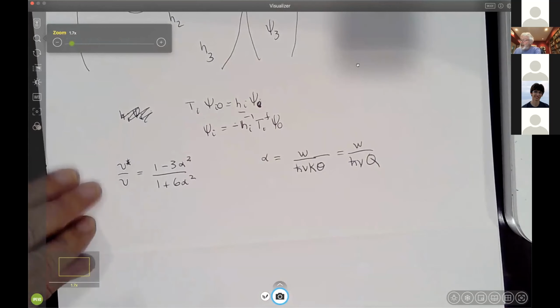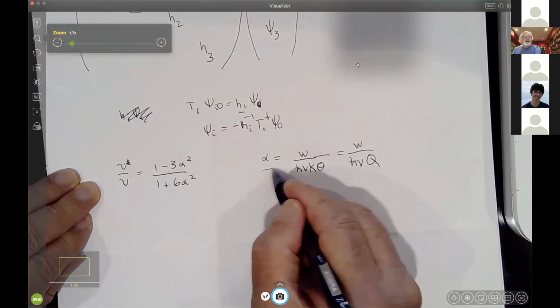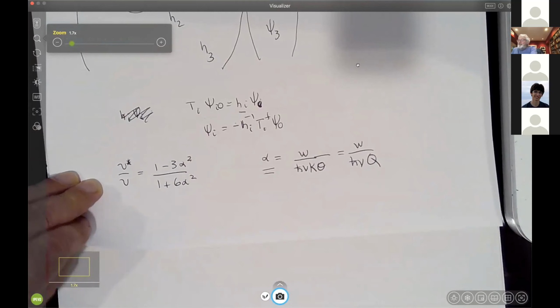And it says the velocity goes to 0 at a certain value of alpha. So that's kind of the first hint that there's a magic value where the velocity goes to 0 and the bands become very flat.